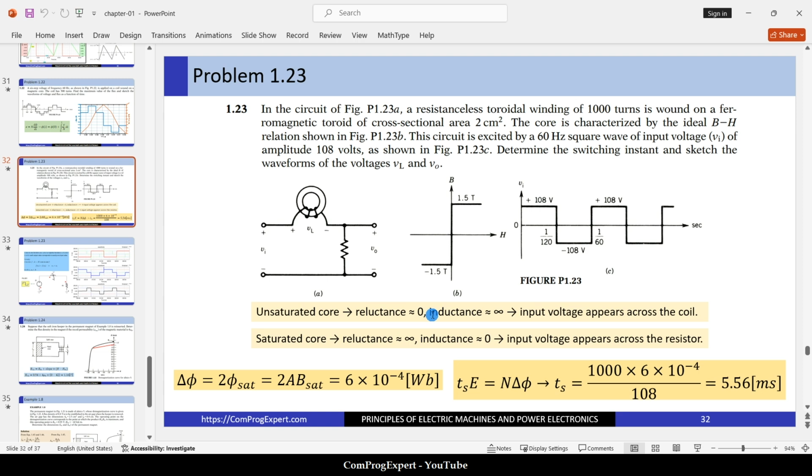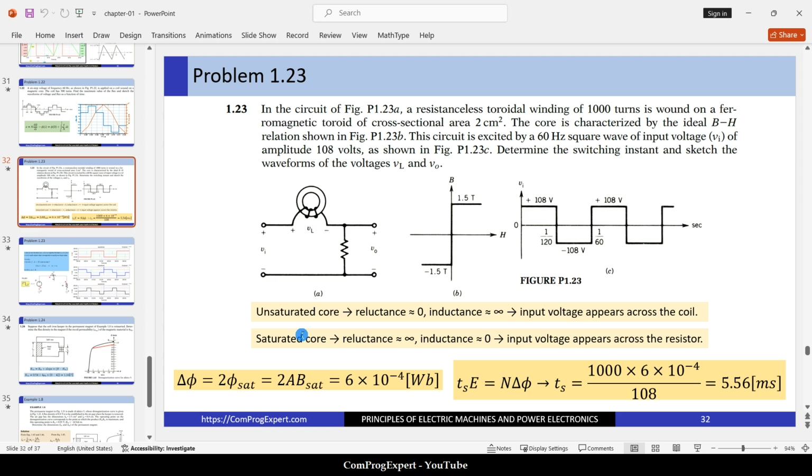The inductance is infinite, and finally the value of the current in this case is 0, right? When the value of the current is 0, the output voltage is 0 and the inductor voltage is equal to Vi.